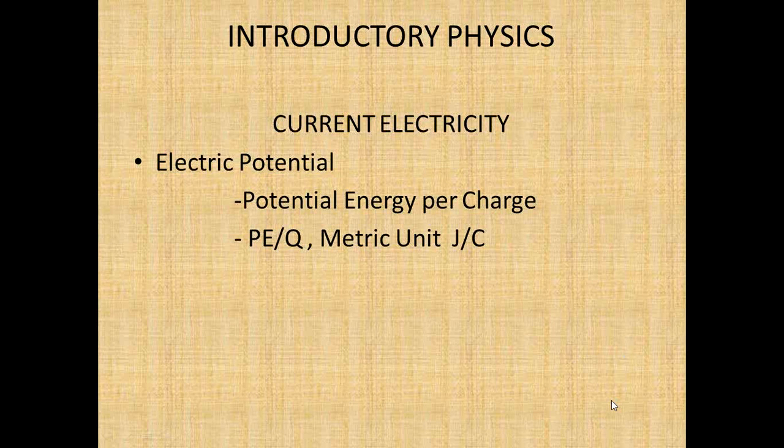Potential energy is defined as when you have a mass at a certain height above the ground level. So it has to do with mass and height above ground level. Anything that has a height has potential energy because you can convert that potential energy into kinetic energy.